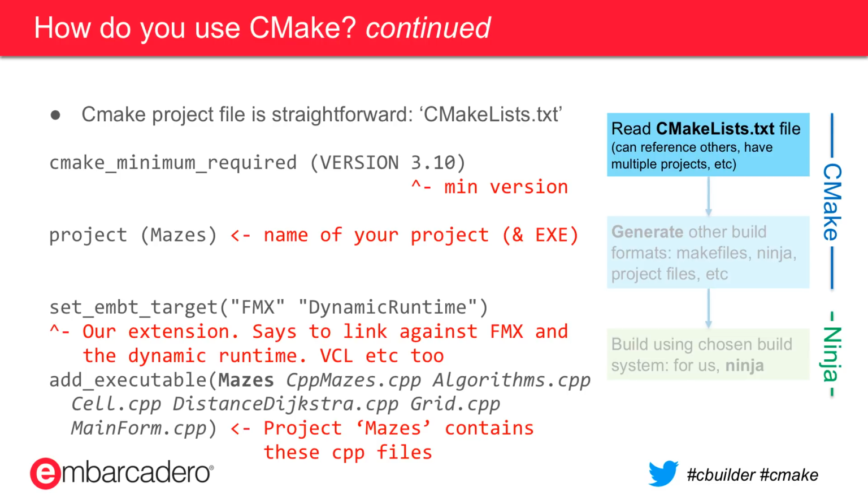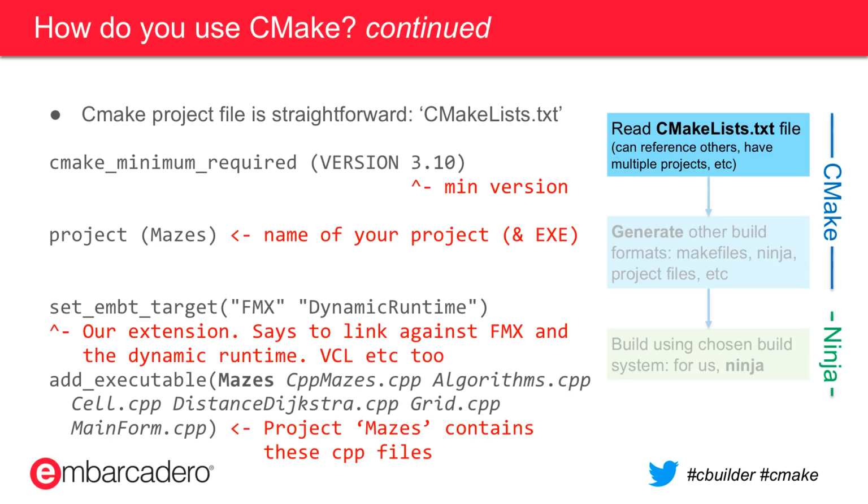So CMake has a large number of macros, effectively functions, that you can invoke and call. set_mbt_target is one of them that we've added, and that allows you to specify various C++Builder specific linking options. We'll go into this in more detail in a few minutes. This one simply says to link against the FireMonkey framework and link against the dynamic runtime.